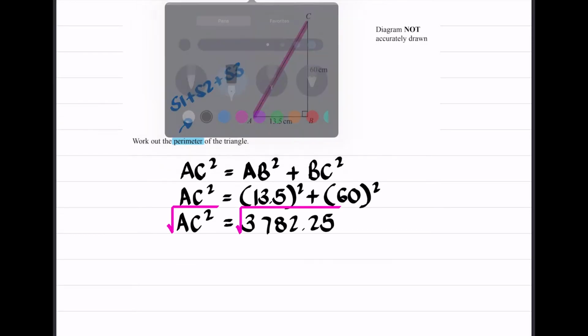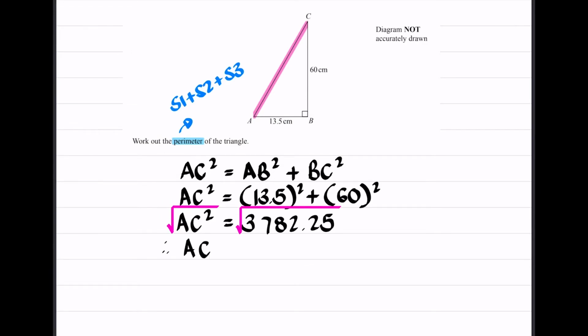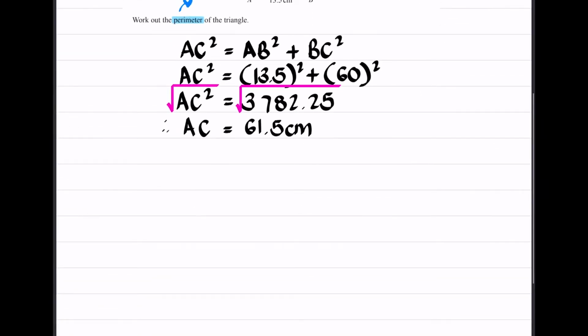The square root of AC squared is AC, equal to the square root of 3,782.25, which is 61.5, carry down your units, centimeters. But the question didn't ask us to determine AC, the question asked us to determine the perimeter. So therefore, the perimeter is equal to AC plus AB plus BC.